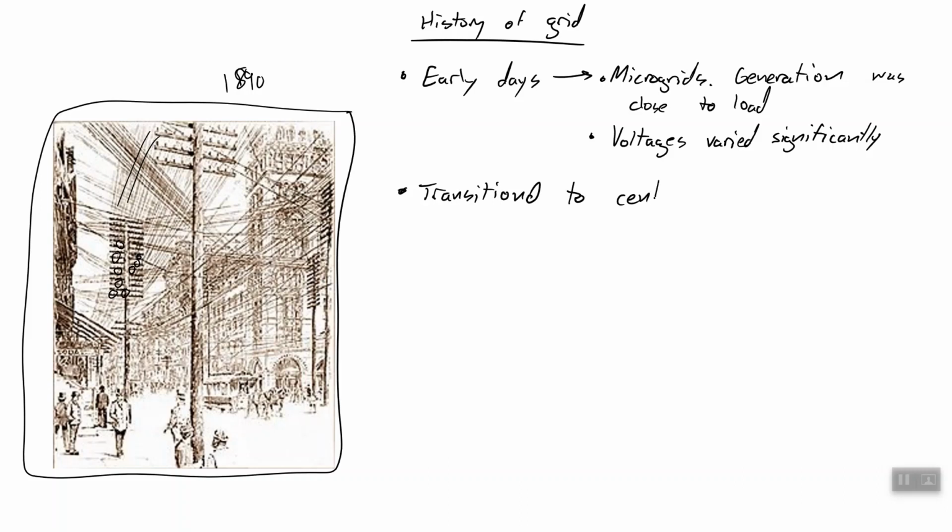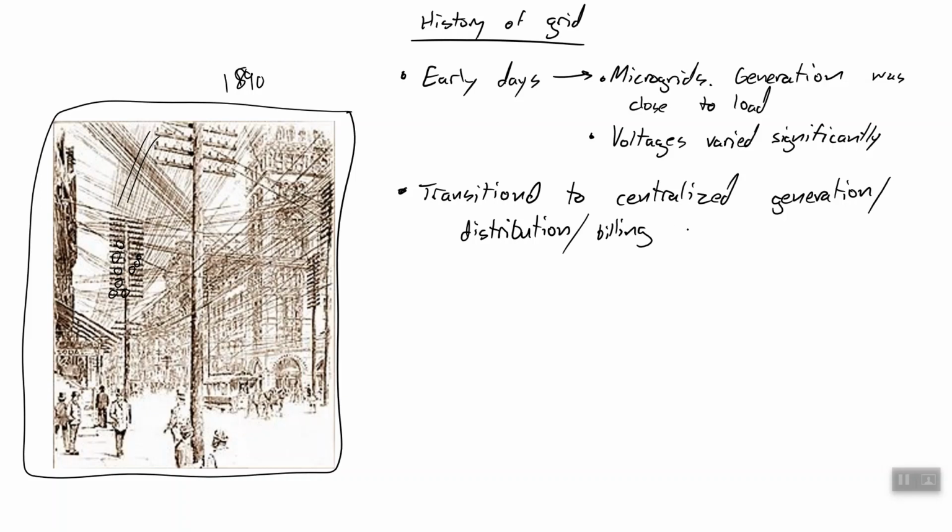And so because it was messy, we transitioned to centralized generation, distribution, and billing. So the business structure of utilities quickly adopted this vertical structure where they went from generating the energy, transmitting that energy, and then billing you for that energy, which for a lot of other things, like things you buy at Walmart, you see those different parts are owned by different companies.